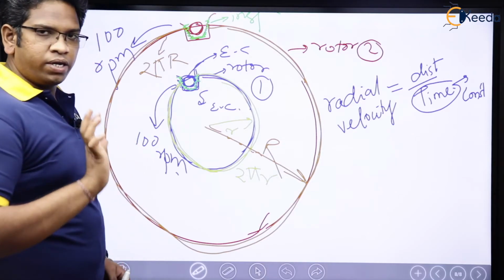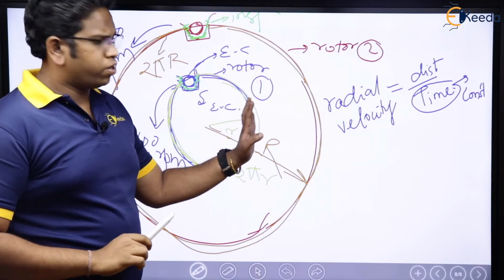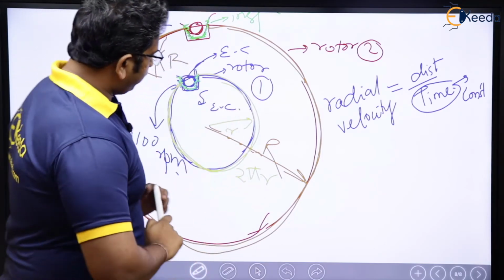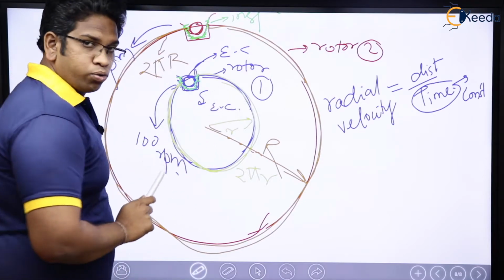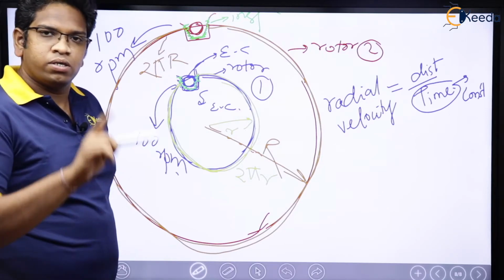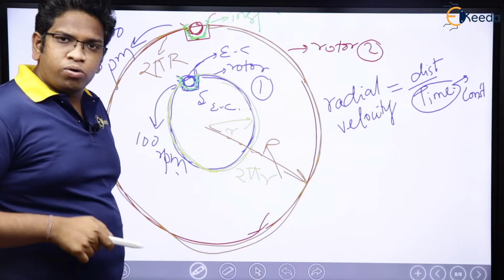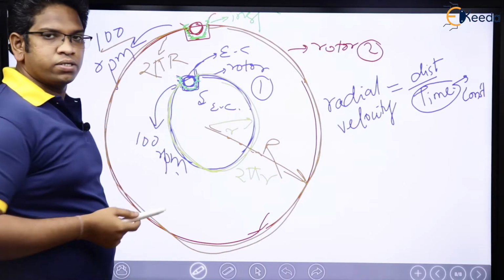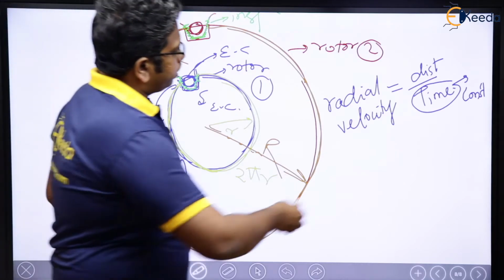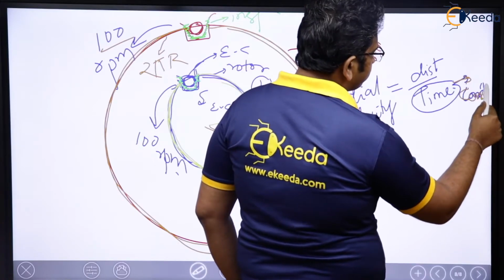Now, very easy, chill, see here. Radial velocity. Velocity means what? Speed. Speed means distance upon time only. The time taken by this one to rotate 100 rotations is 1 minute, and the time taken by this one to rotate 100 rotations is also 1 minute only. So time taken for both of them is constant, that is what I was saying.